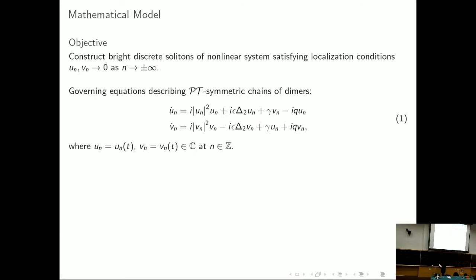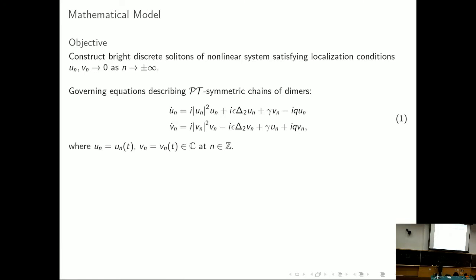So the model becomes i uz plus u_tt plus again the nonlinear term minus q u equals the coupling term with v, and here i vz minus v_tt plus the nonlinear term for v plus q v, and then the right hand side is the coupling.